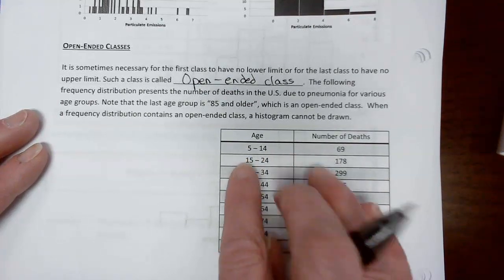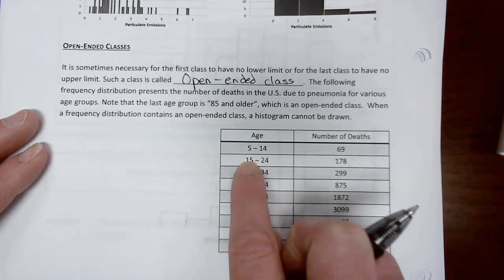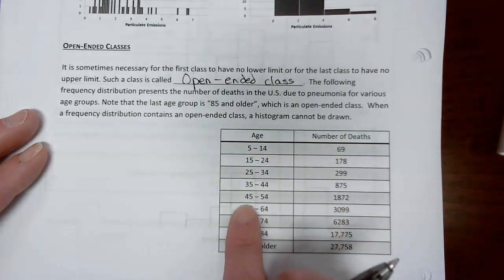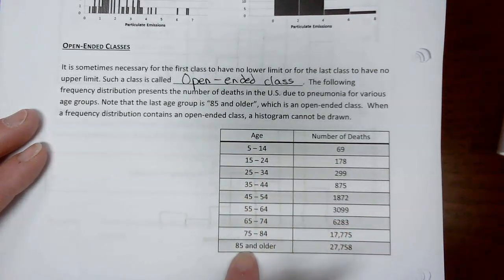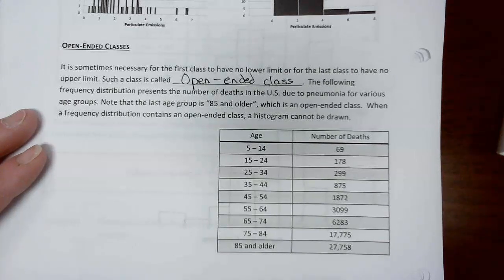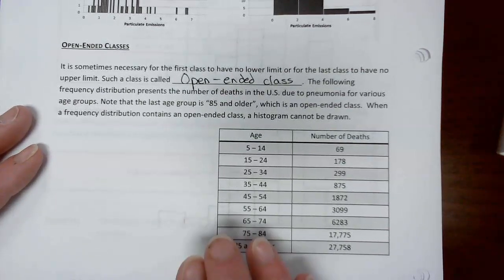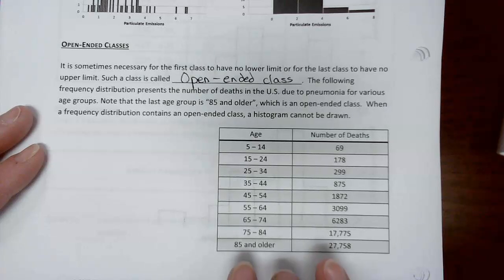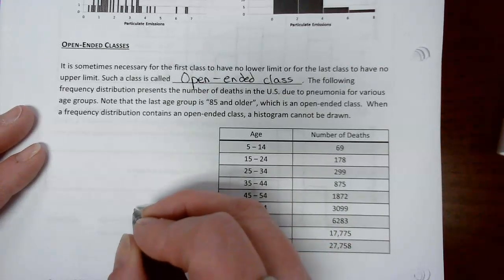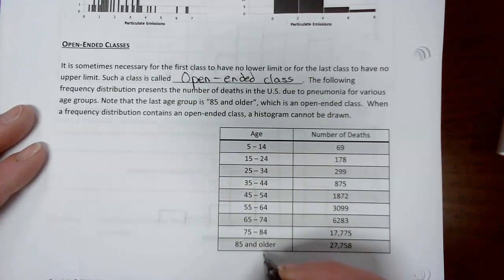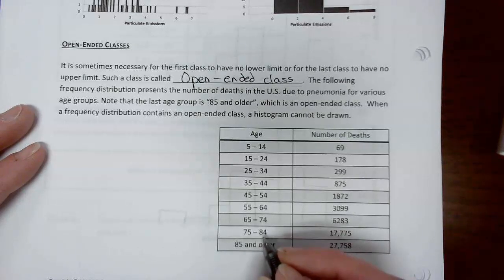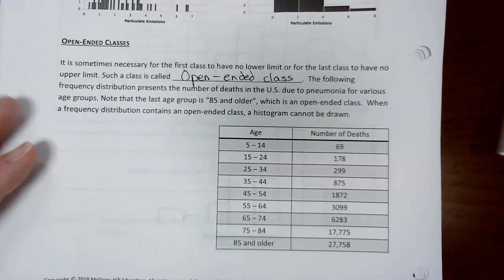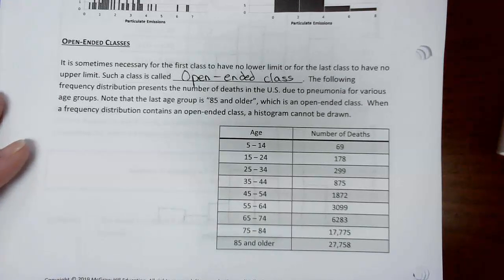Now notice each of these age groups, our class width is 10, 5 to 15, 15 to 25. But when we get to the last class, it just says 85 and older. Well, that doesn't have a limit. So since the classes must be the same width, this one wouldn't be the same width because 85 and older is bigger than 10. So we couldn't draw that graph.